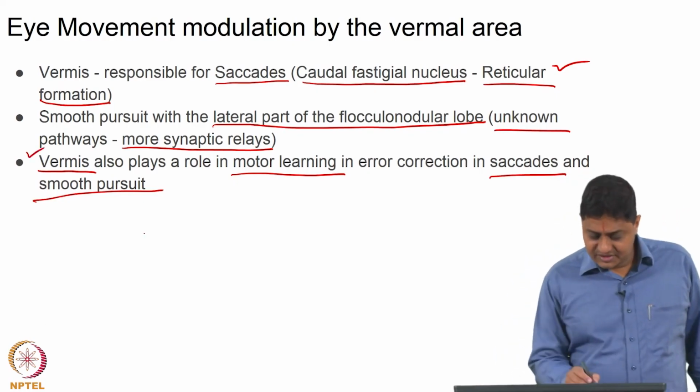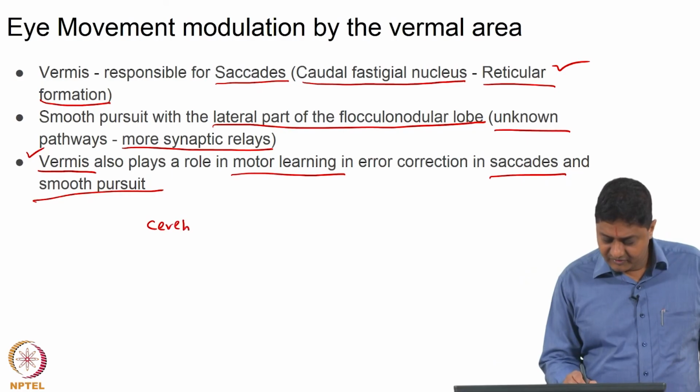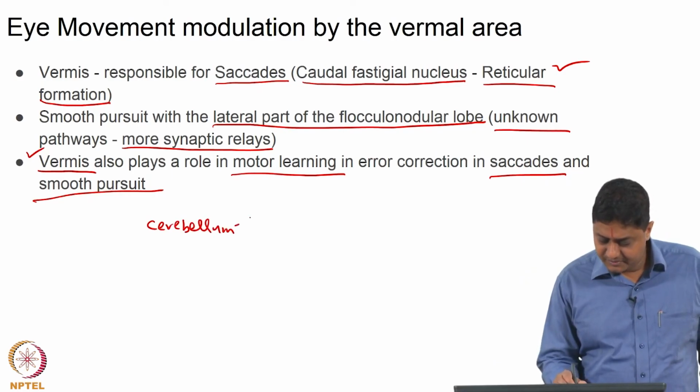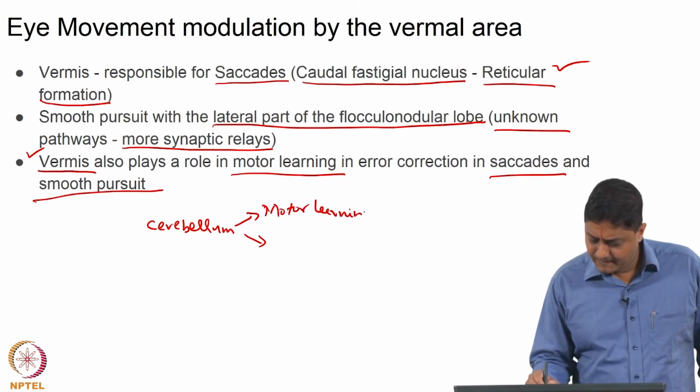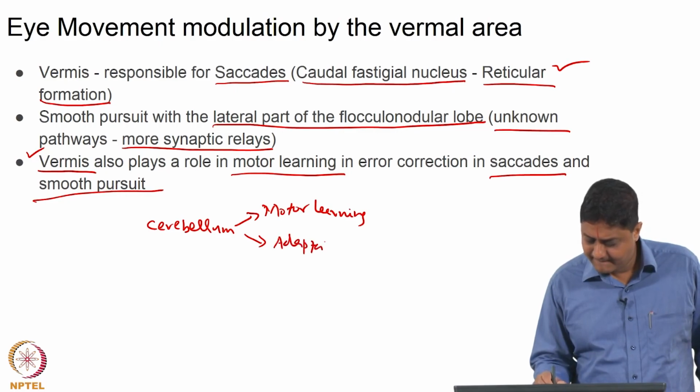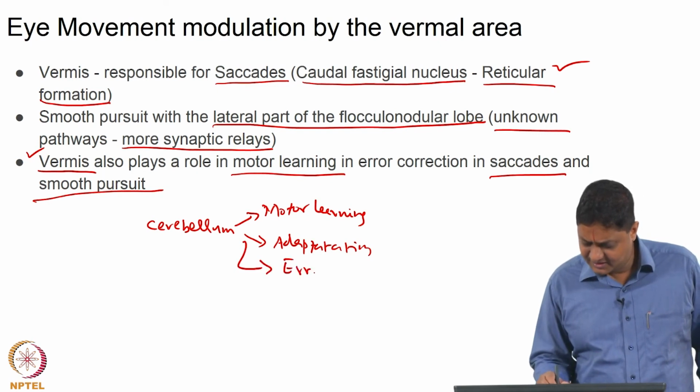Actually, it turns out that the cerebellum performs multiple forms of error correction. One is called motor learning, the other is called adaptation, and the other is simply called error correction. This is online error correction.